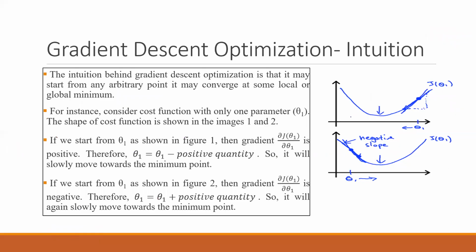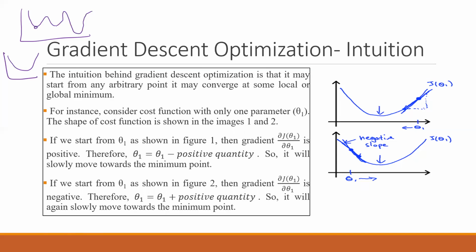There is this intuition that I wanted to give you. It may start from any arbitrary point, and it may converge at some local or global minima. Imagine that the graph has multiple minima.